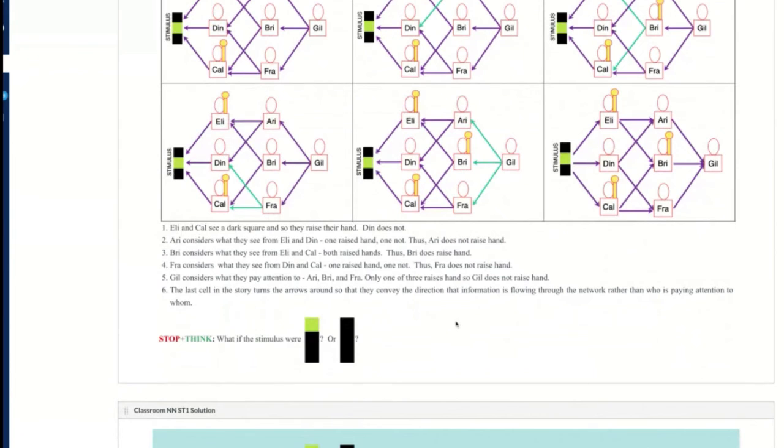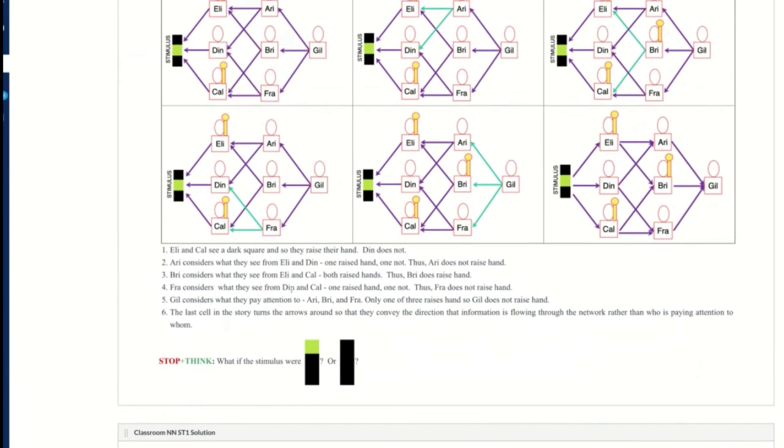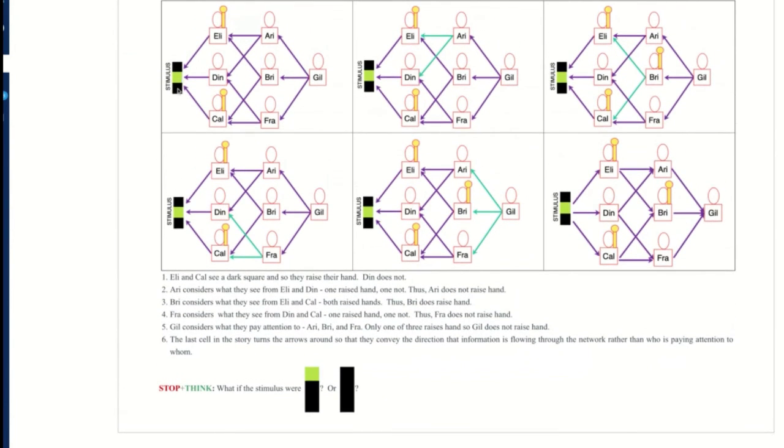So now we might say, what if the input were a different pattern? What if the input were black on the bottom, and then green on the top? So if I look over here, if it's black, black on the bottom, then Din and Cal raise their hand.